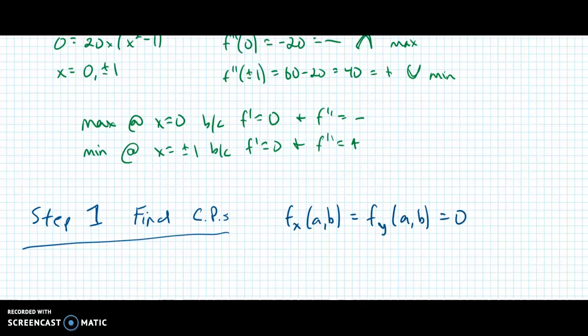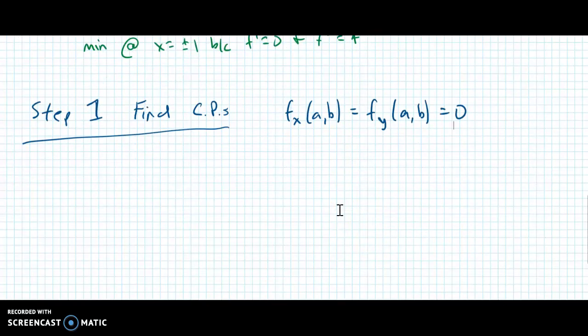So I need both partials, the partial x and the partial y, to be equal to 0. What that does is it makes it instantaneously flat in the x direction and instantaneously flat in the y direction. So if we were to do a tangent plane, it would be parallel to the xy plane. And those become our candidates for minimums or maximums in 3 dimensions.